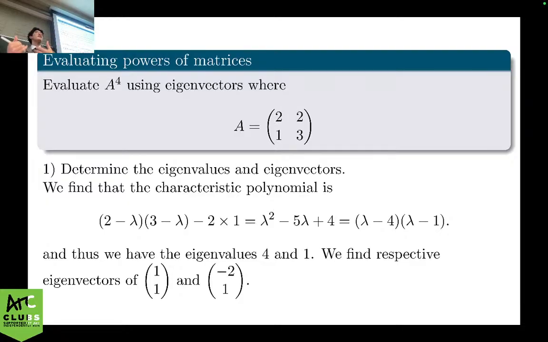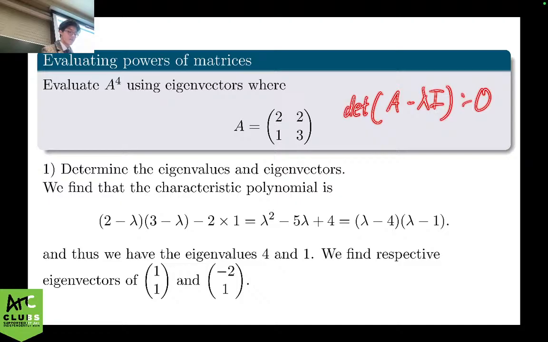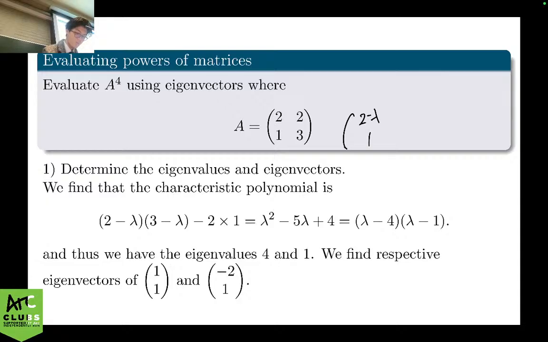The eigenvalues, again, it's the same system of solving: the determinant of A minus lambda, our eigenvalue, times the identity matrix has to equal 0. So A minus lambda times the identity matrix will just be 2 minus lambda, 1, 2, 3 minus lambda. The determinant of this has to equal 0.